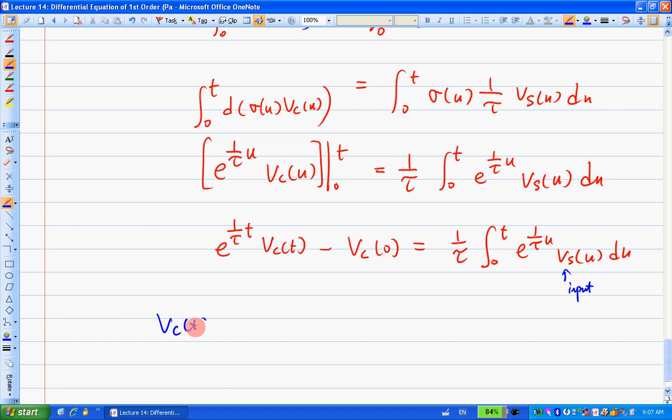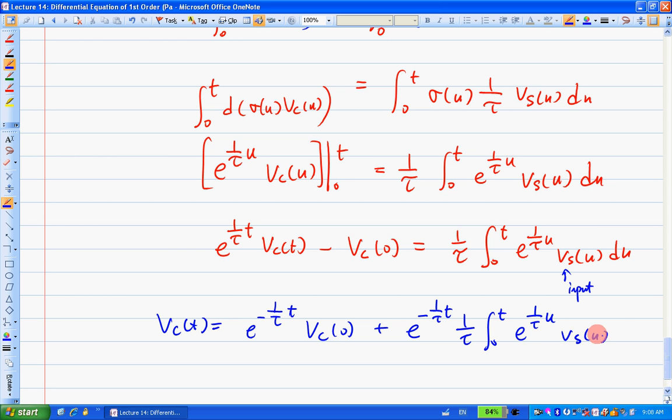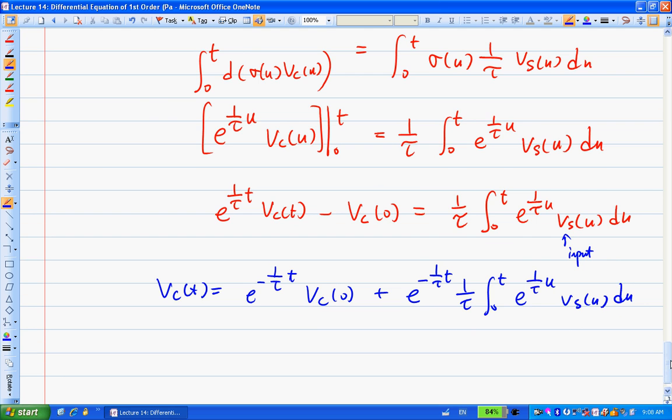Vc t equals, when you divide by this term, which is positive, it becomes negative, so e to the negative t over tau, Vc naught, plus e to the negative t over tau, 1 over tau, integral 0 to t, e to the u over tau, Vs u du.